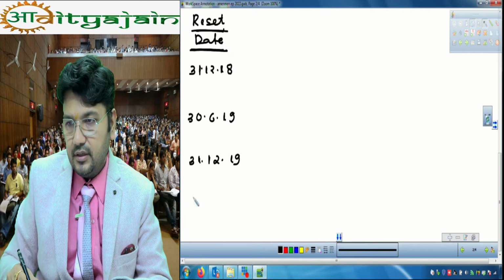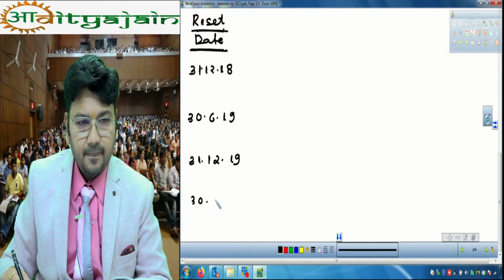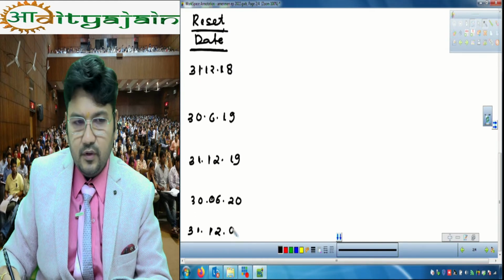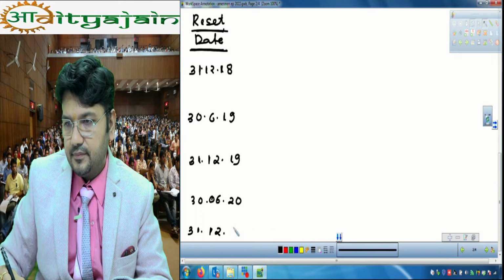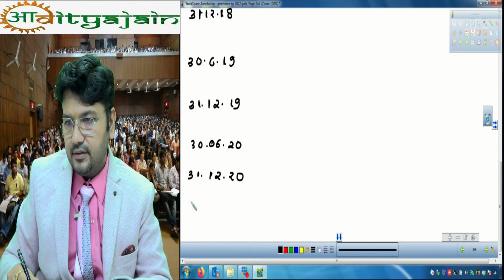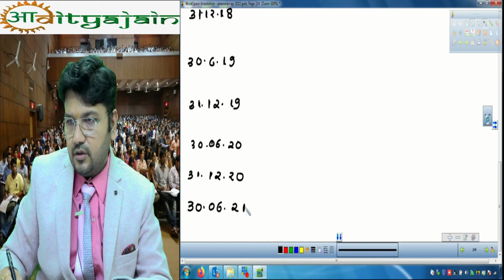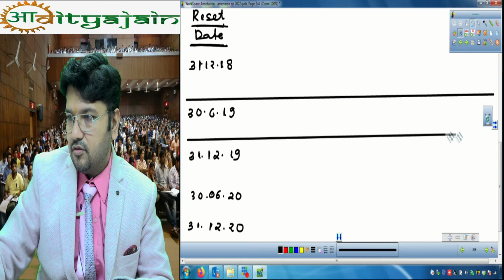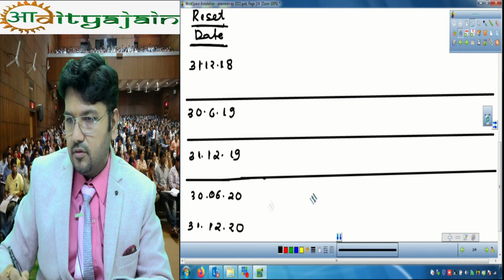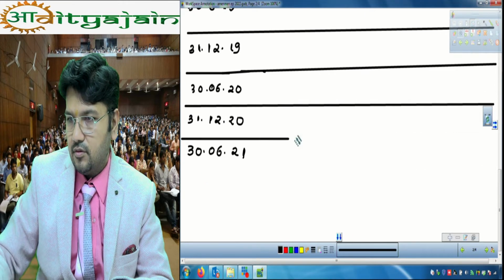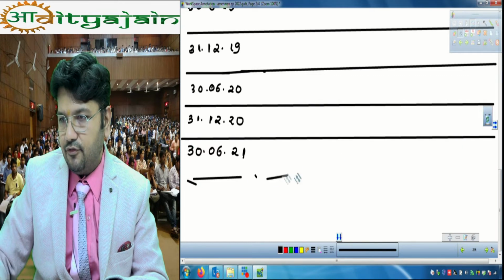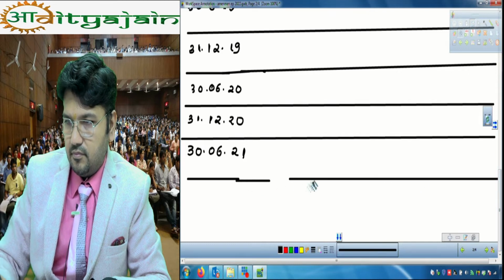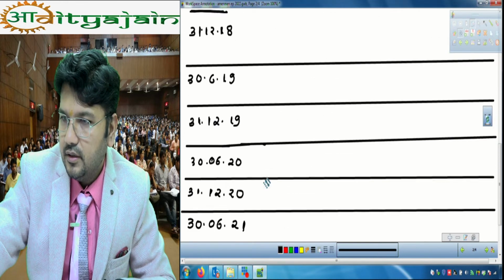Leave 3 lines, 30/6/20, 31st 12/2020, 30/6/21. Leave 3 lines. Fine. Even you can leave 4 lines because we will be doing working inside each column. These are reset dates.